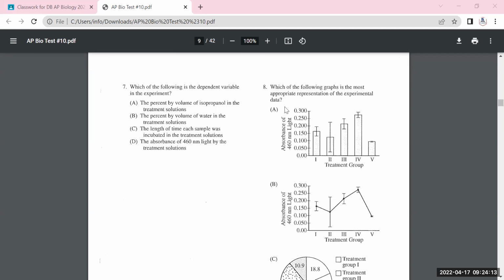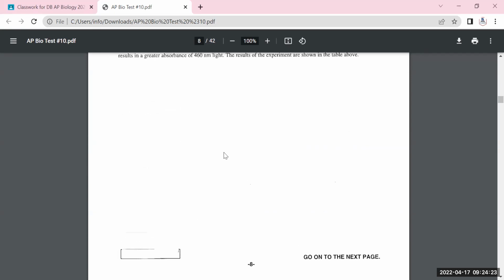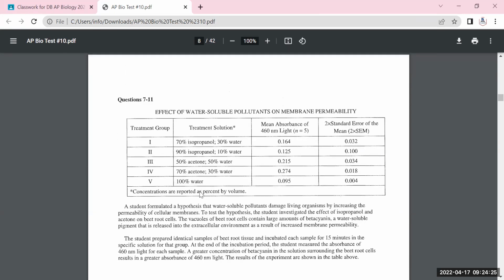Actually, A is probably a better answer because treatments 1, 2, 3, 4, and 5 are not related. You see the data. They're separate groups.